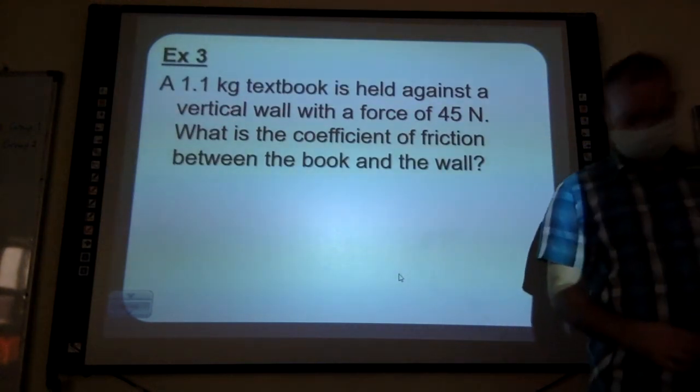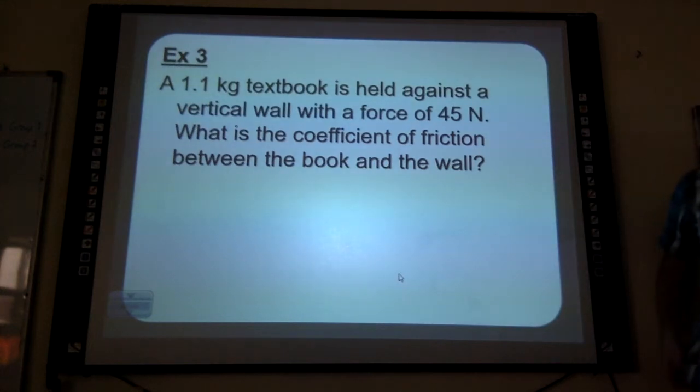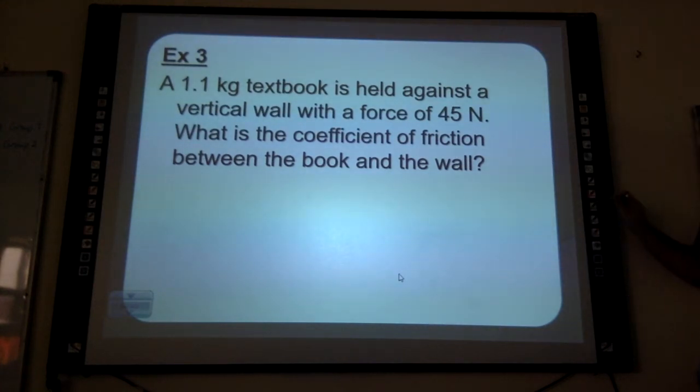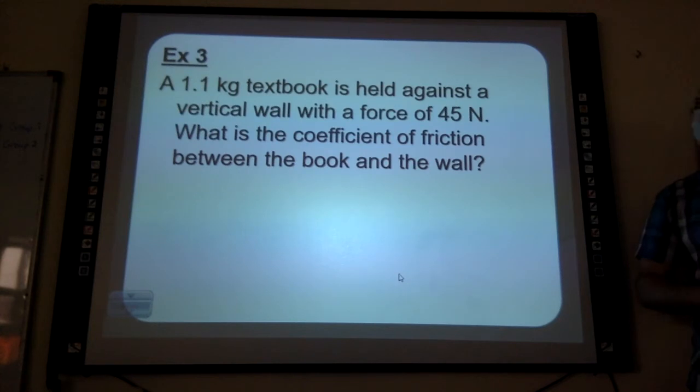Okay, now for this one. We've got a textbook being held against a vertical wall with a force of 45 newtons. What is the coefficient of friction between the book and the wall? So we've adopted a strategy with this, and let's keep moving on with that. So let's pull out information that we're given in the question.